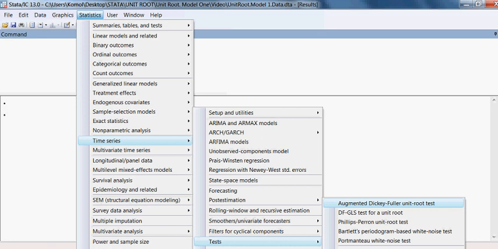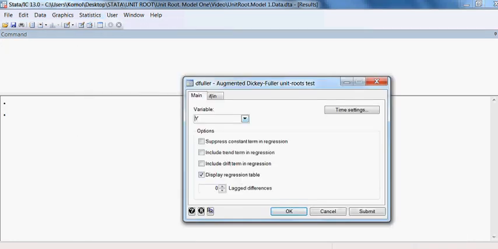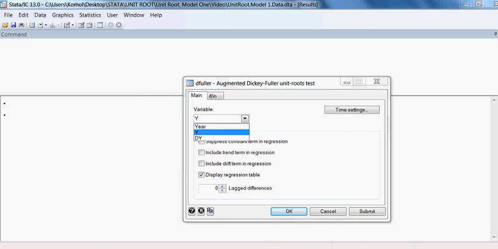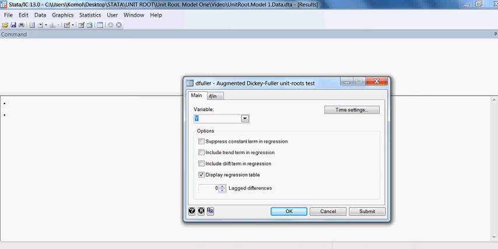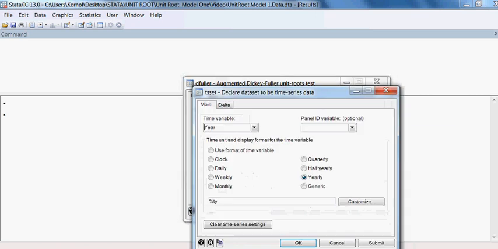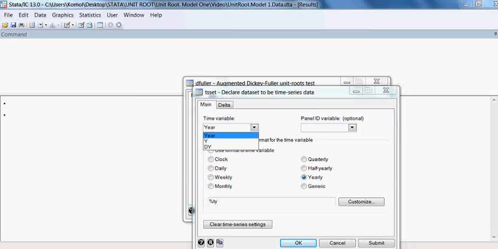I click on it. And here are the data: year, y and dy. So first I choose y, that is our variable. In the time settings I put year, and here I choose yearly because our data is yearly data. Then I press OK.